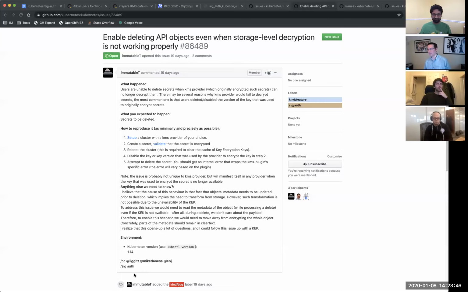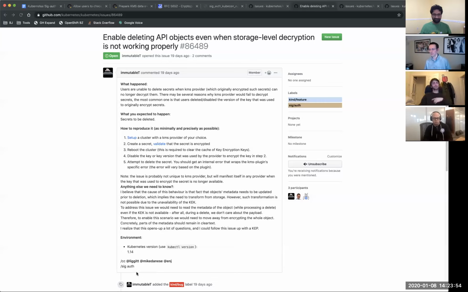I buy the argument that because this is something that is configured on the API server at the storage layer, then it should require going directly to etcd. I'm not necessarily satisfied with it, so I'm just kind of looking for alternatives.